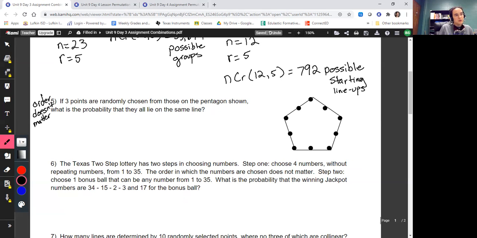So we have 1, 2, 3, 4, 5, 6, 7, 8, 9, 10 total points to choose from, and we want to choose 3 of those points. So we have nCr 10,3. And menu, probability, combination, 10,3. You get 120 possible outcomes.